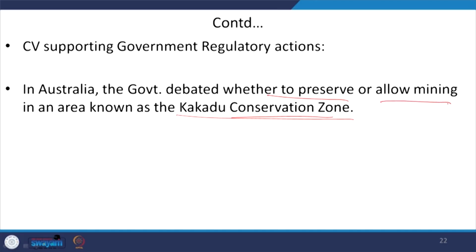Based on this, the government actually takes into account this CV method in order to know what kind of public policy people are interested in. Another example is the Exxon Valdez oil spill. There they also used this contingent valuation method.